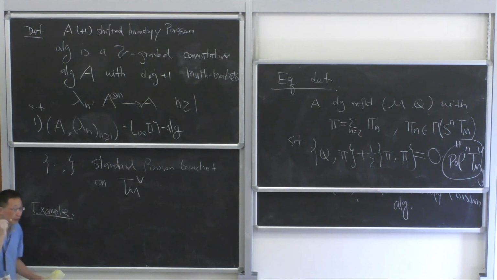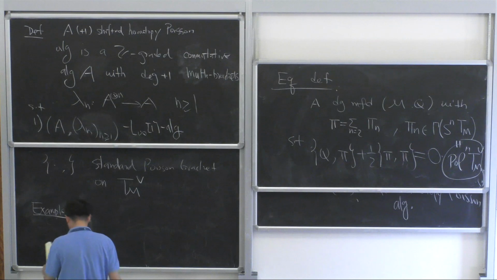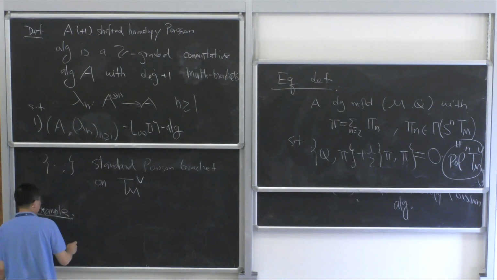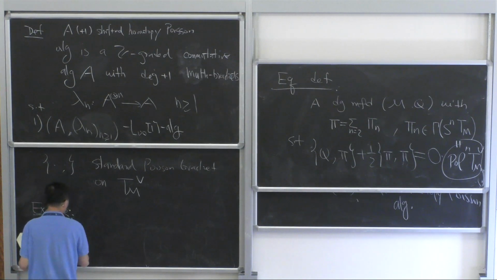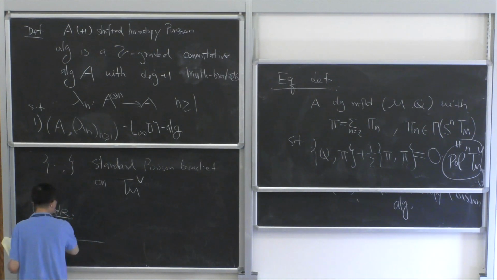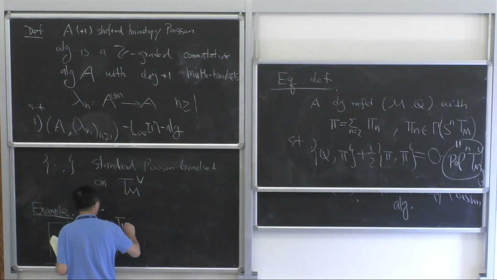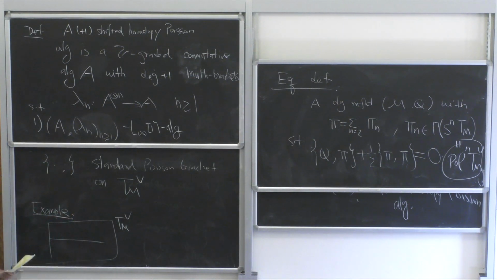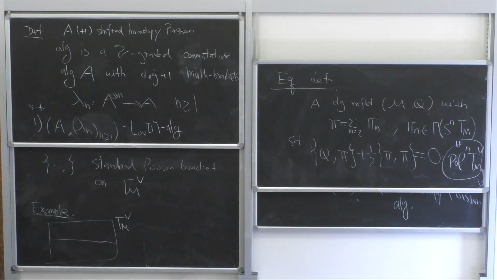Let me give you a few examples. One is, if you look at the cotangent bundle, and here I have two Lagrangians.